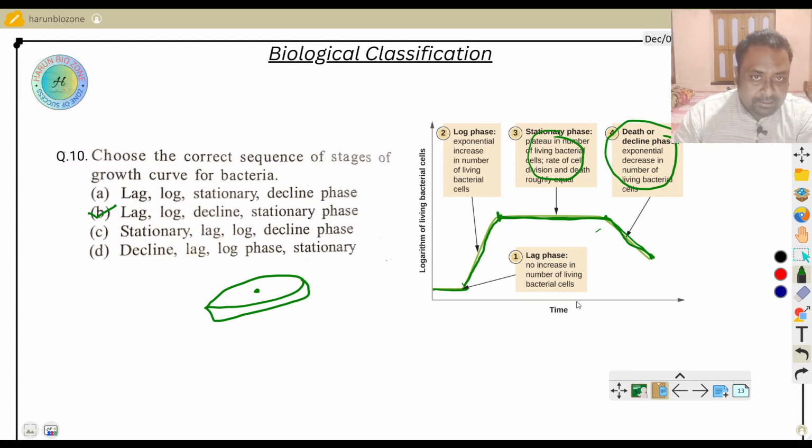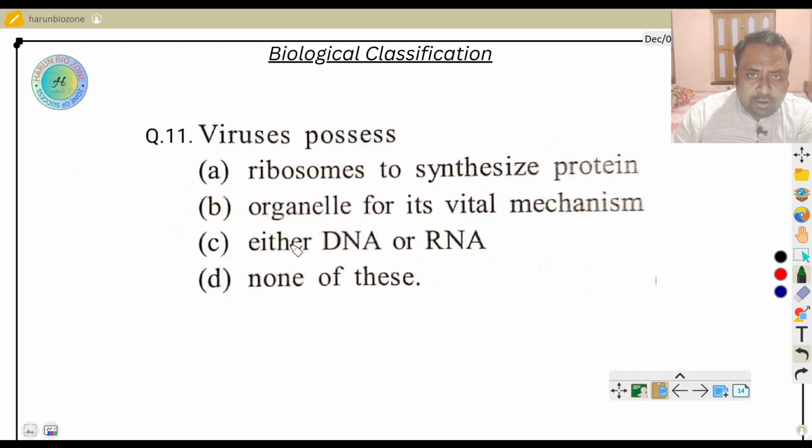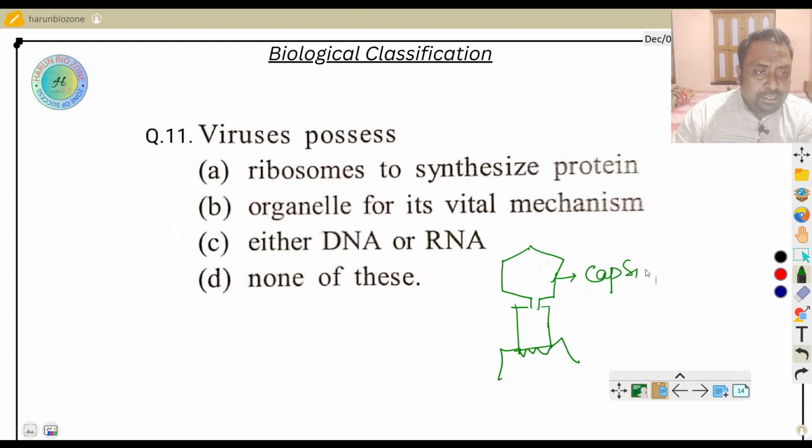Next question is: a virus possesses ribosome to synthesize protein, organelles for its vital mechanism, either DNA or RNA, none of the above. So normally a virus has a capsid protein. Capsid is made by capsomeres, and genetic material is inside. There are no membrane-bounded or membraneless cell organelles present.